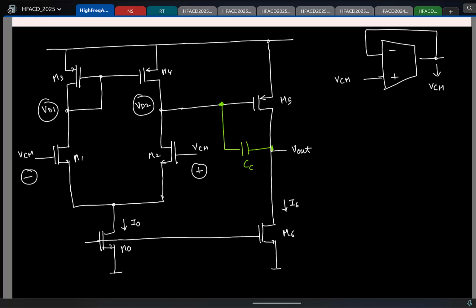Let's verify that. So let me put it in unity feedback. I have to connect the negative terminal to the output. This is the negative, this is the output. So I'll make a connection like this.